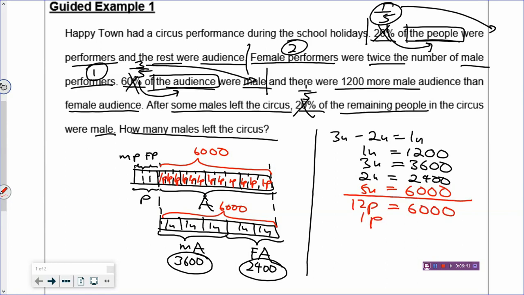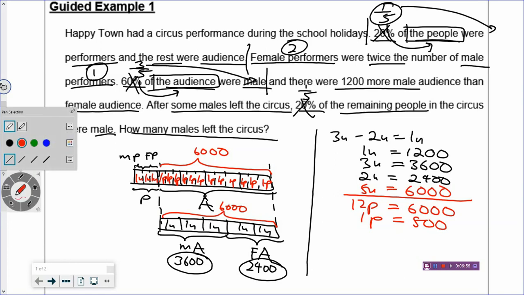Then your one part will be 6000 divided by 12, that is 500. And then you go to the performers, and you can see that there is 1 part of male performers, which is 500. So there are 500 male performers, and there are 2 parts of female performers.